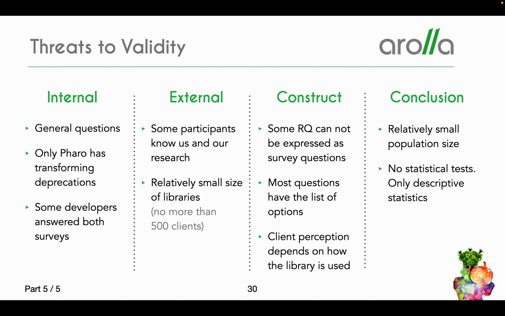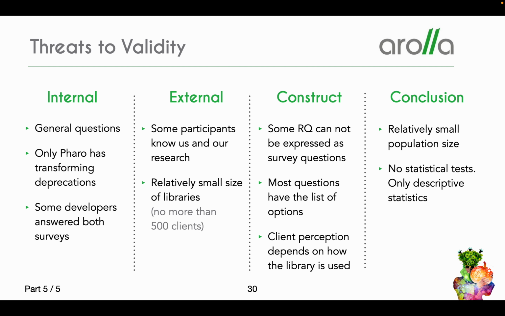We have identified multiple threats to validity in our study. So the threats to internal validity are, first, we ask general questions, which is also a novelty of our study, but it also poses a threat because general questions are not precise and not easy to answer. Also, we have asked many Pharo developers, and in Pharo there is a technique of transforming deprecations.